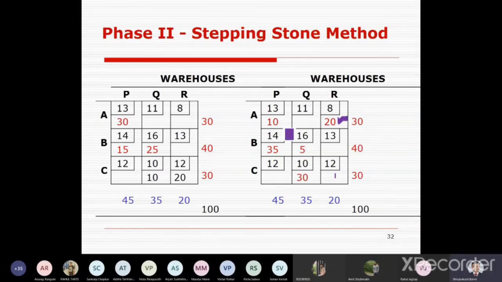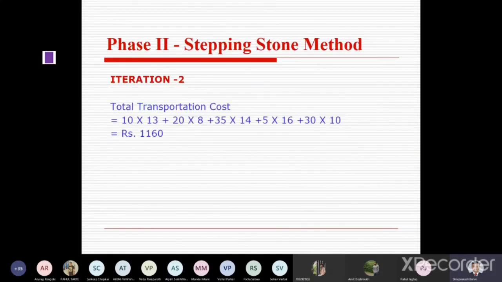By performing that step, we got this table, and this table satisfies the conditions of all the plants A, B, C, as well as the warehouse capacities P, Q, R. Our aim was to reduce the transportation cost, and now we check whether it is reduced or not. So here the transportation cost is reduced.